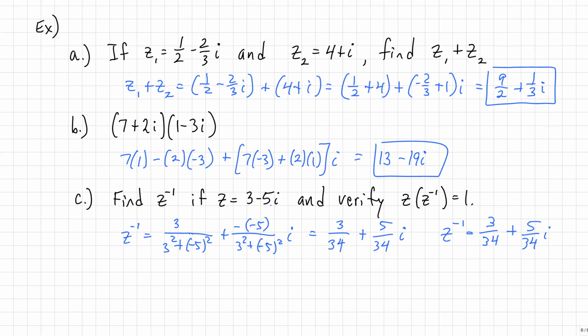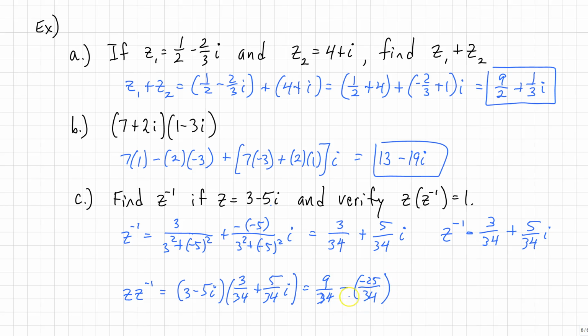And let's verify that that multiplies together to give positive 1. So z times its inverse, we'd have 3 minus 5i times 3 over 34 plus 5 over 34i. So we're going to get 9 34ths minus negative 25 34ths.